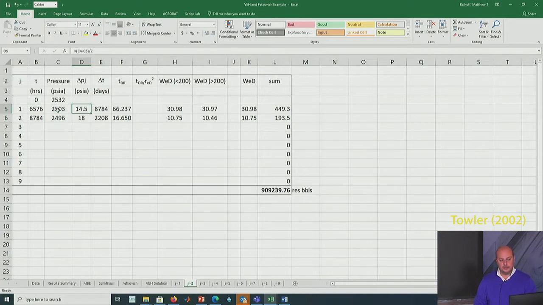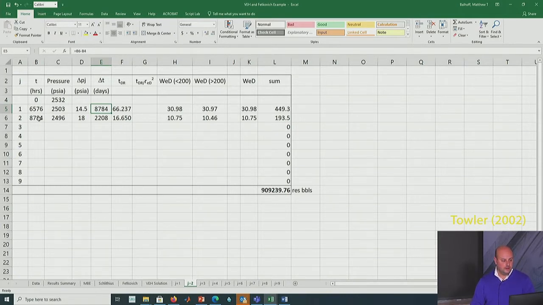So I calculated my delta PJs, so delta P1 and delta P2, which were the average of 2532 minus 2503, and then the average of 2532 minus 2496 divided by 2 is 18. I calculated the delta T, and this is where it's easy to make a mistake.